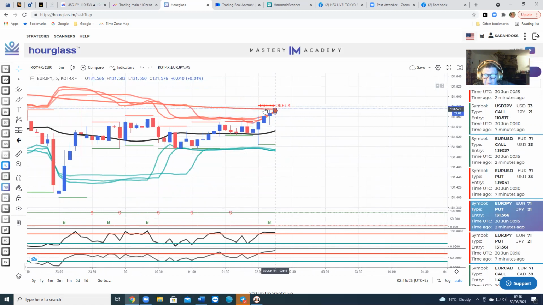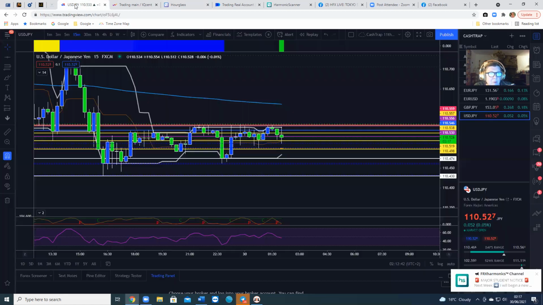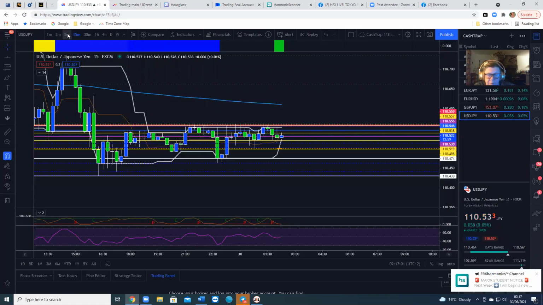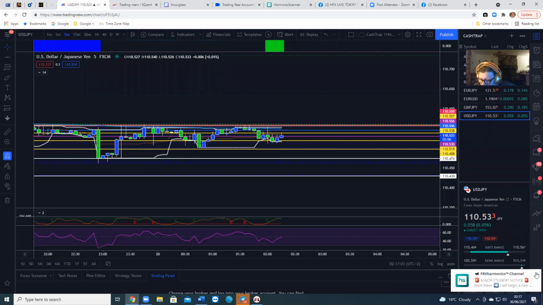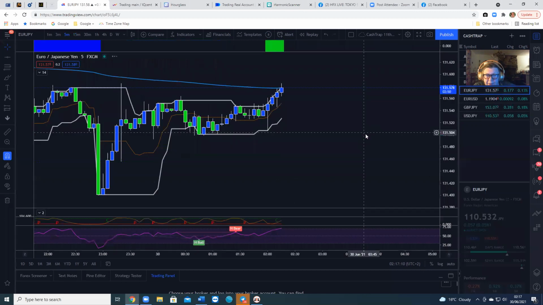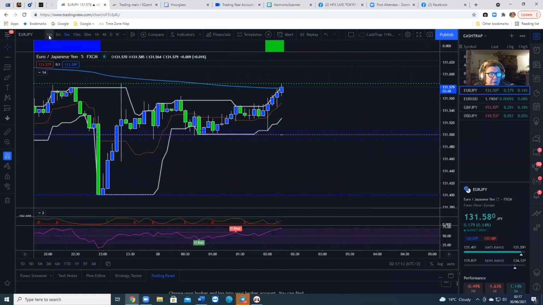Oh, that's a nice setup. Euro JPY. I haven't marked this one up. Let me go to the 1 minute.